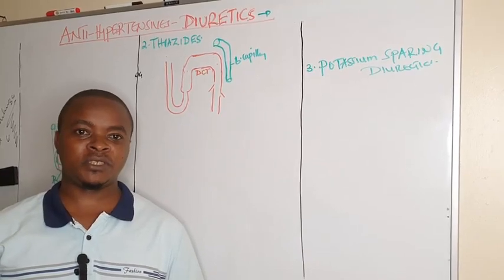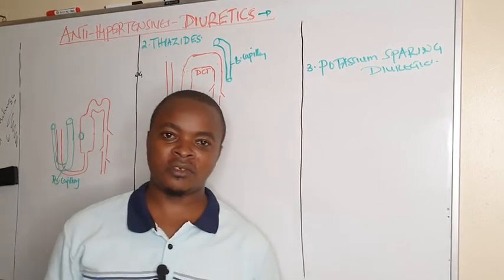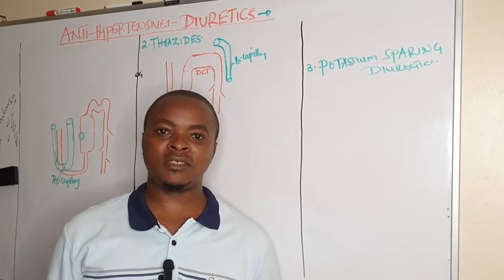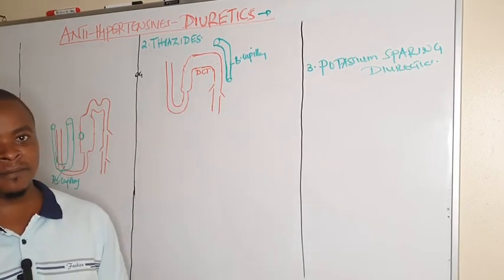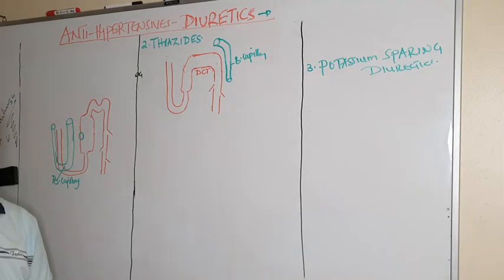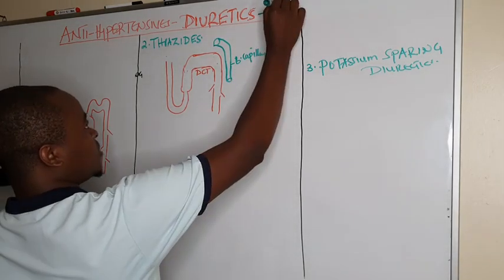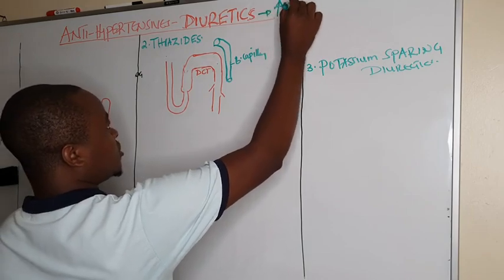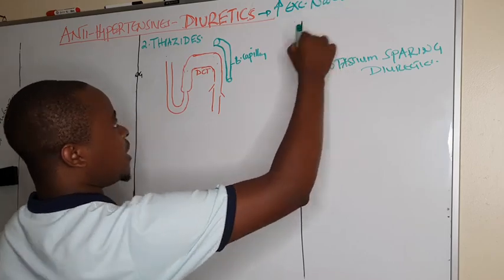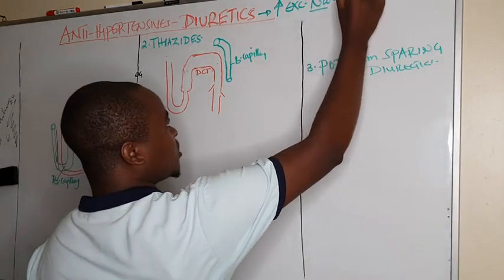In today's video at Medical Sciences by Naftali Humza, we are going to take you through antihypertensives, and the specific class we are going to look at is diuretics. Among the diuretics, we are going to see that their common mode of action is by increasing the excretion of sodium, and they are derived from the word diuresis, because sodium loss increases the loss of urine.